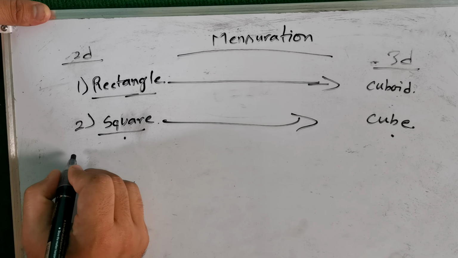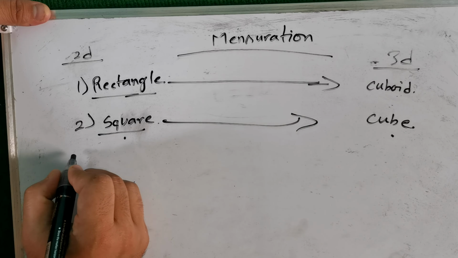Circle is 2D version. The 3D version of circle is cuboid.